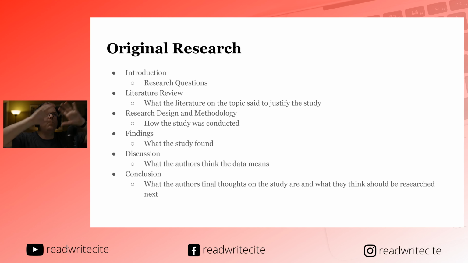Again, the whole point of showing your work is so other people can double check it. And if they want to replicate the study, if they want to do it again themselves, they could do that because you showed exactly how you did it. You even explained why you did it the way that you did through sections like the literature review.